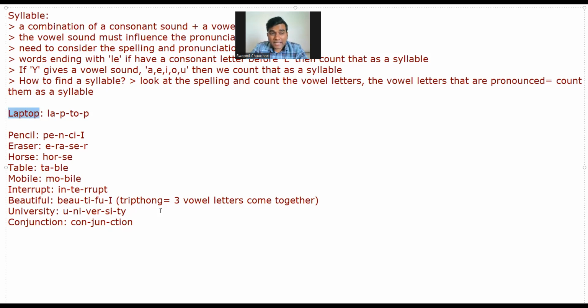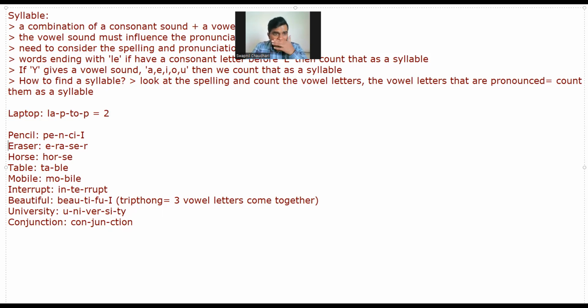Is any letter silent? No, both vowel letters are pronounced. La, ta, p. Laptop. So how many syllables over here? Two. La, top. Laptop. So two syllables over here.